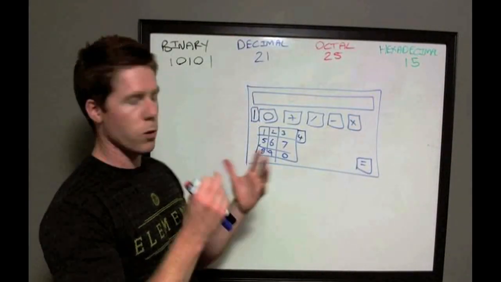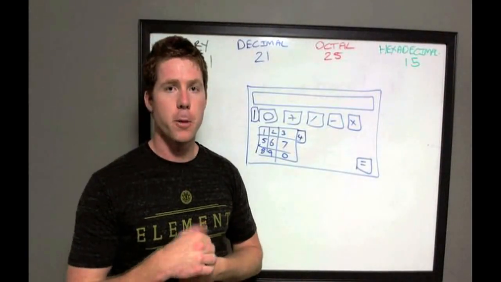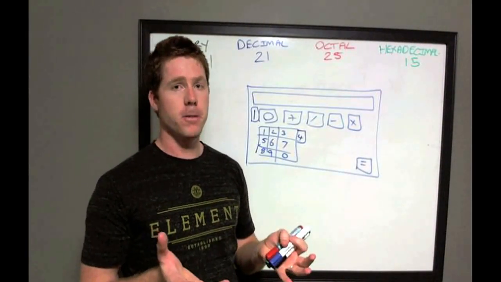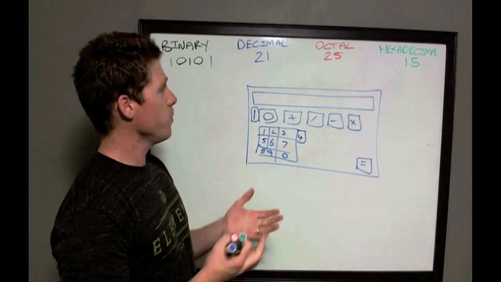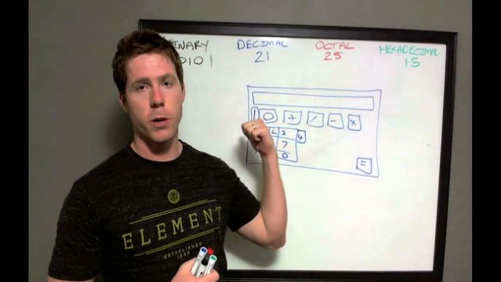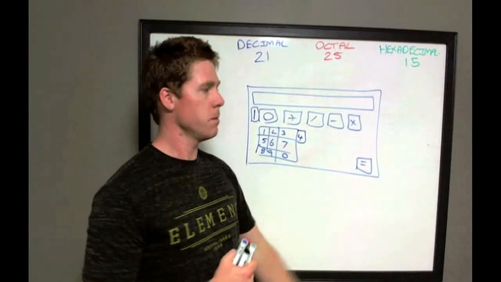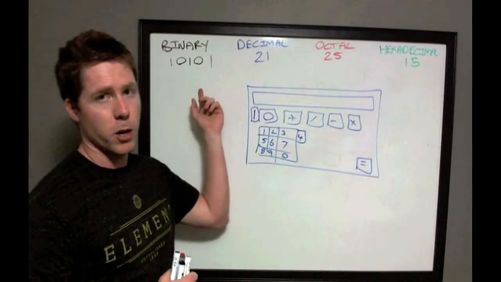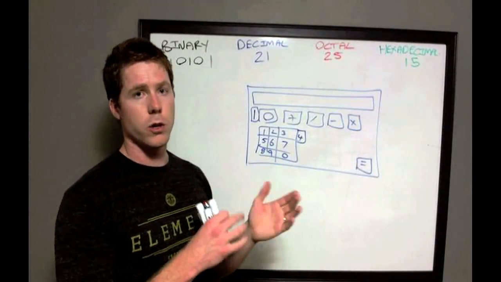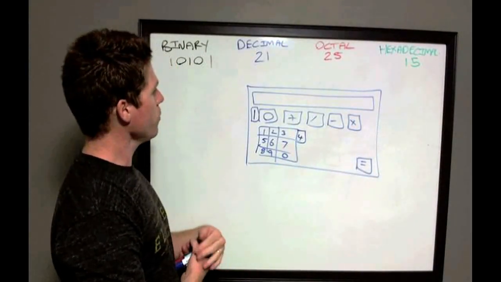So what I'm getting at here is we use decimal in the real world. So we were all born with 10 fingers and we were created to live in an ordered world. The whole world is very ordered. So our 10 fingers line up perfectly with the decimal number system. So that's what we use every day. However, computers and calculators love to work with binary because it's just so easy to turn a transistor on or off.